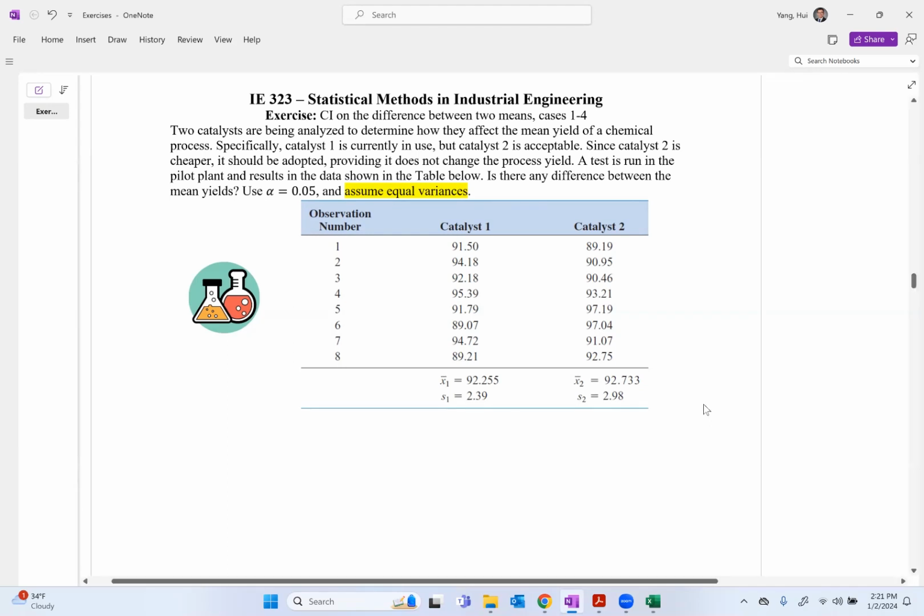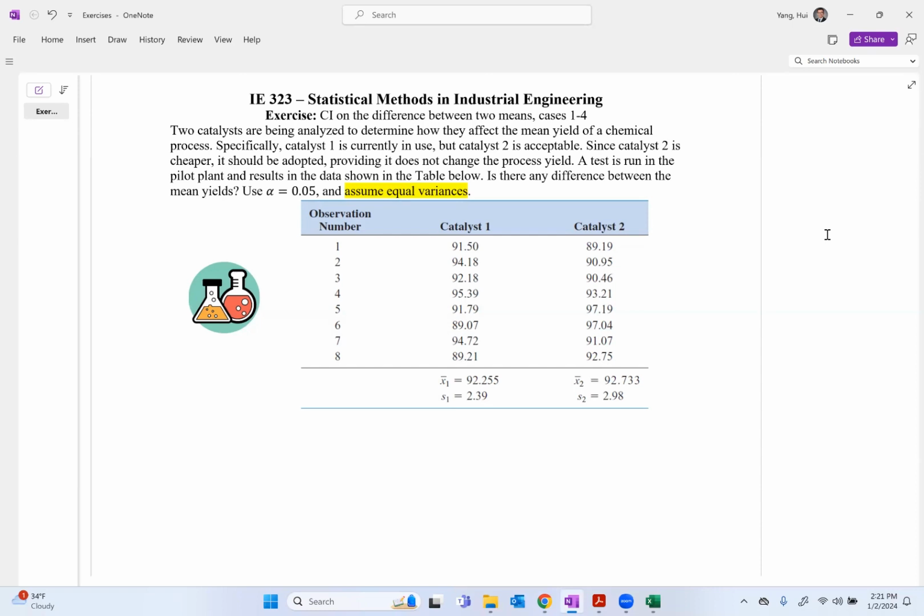Let's look at this exercise, confidence interval on the difference between two means. In the class, we talk about 4 cases. Let's look at this problem and see what case it should be. Two catalysts are being analyzed to determine how they affect the mean yield of a chemical process. Specifically, catalyst 1 is currently in use, but catalyst 2 is acceptable.